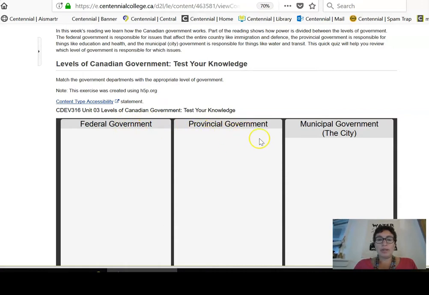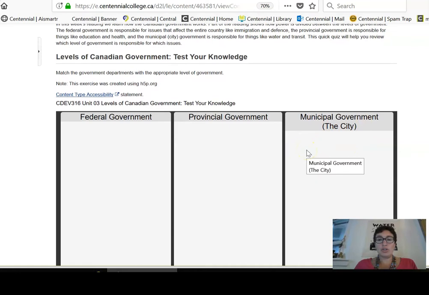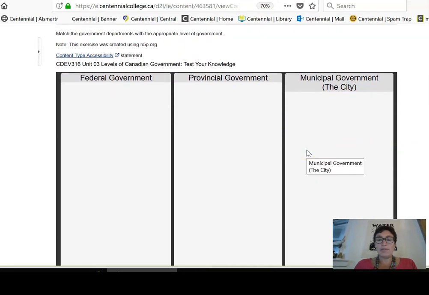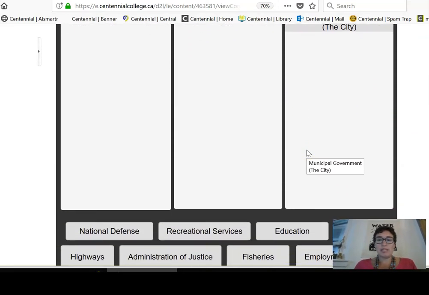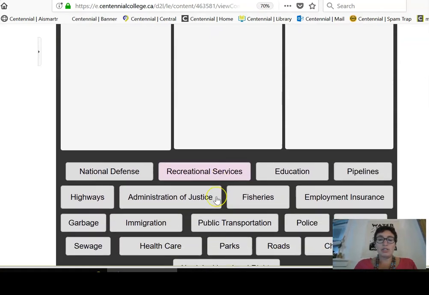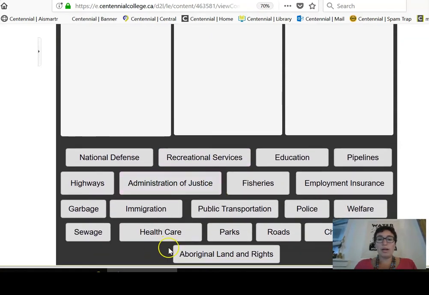The provincial government, which governs our province, Ontario, so that's our Rob Ford government right now. And then our municipal government, which is the city, and right now that's John Tory. And each level of government is responsible for different things. So here you're going to test your knowledge and try and figure out who's responsible for what.